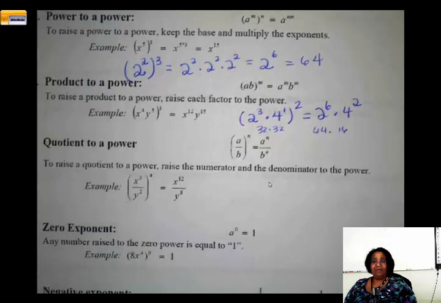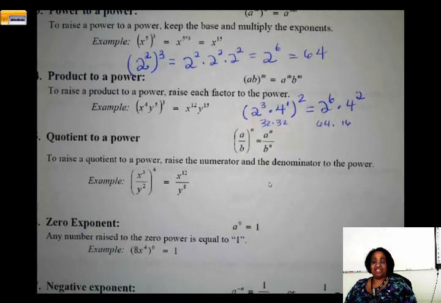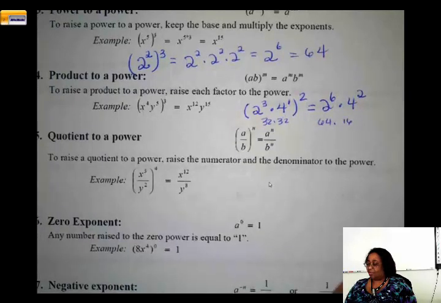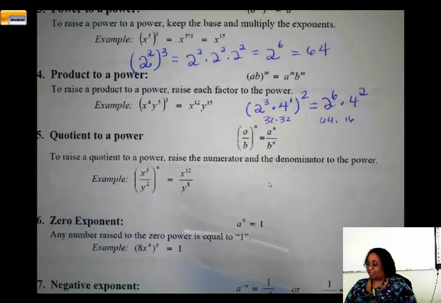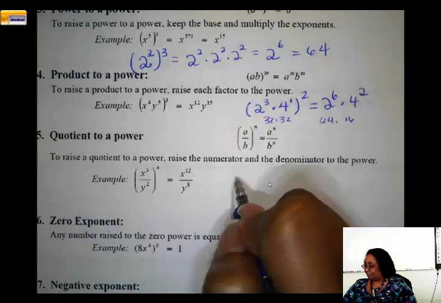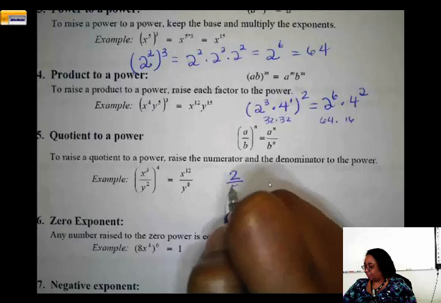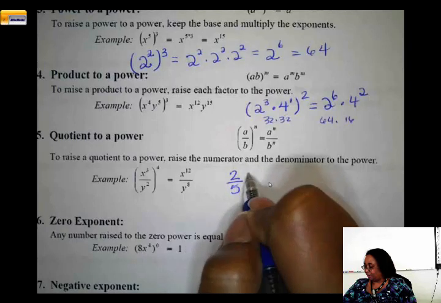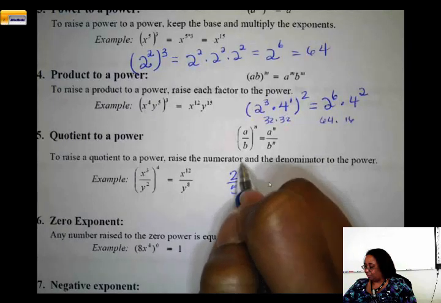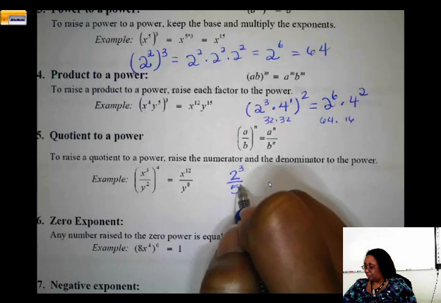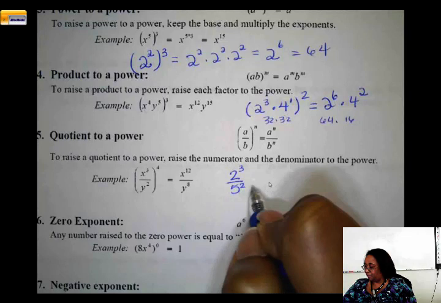Now, sometimes you have a fraction inside of a power. And that's this rule number 5, where you're taking the quotient to a power. So what's one of our favorite fractions? Let's say 2 to the 3rd over 5 to the 2nd. Up here, the 2 is to the 3rd. Down here, on the bottom, the 5 is to the 2nd.